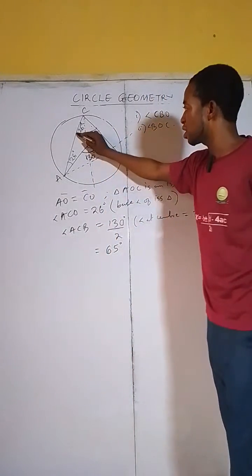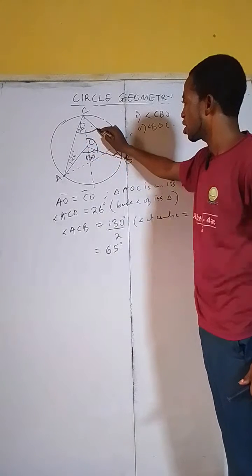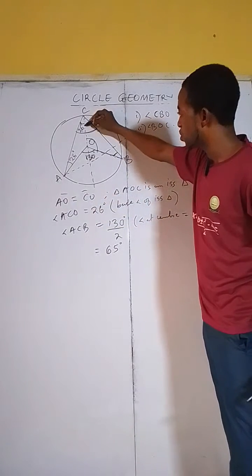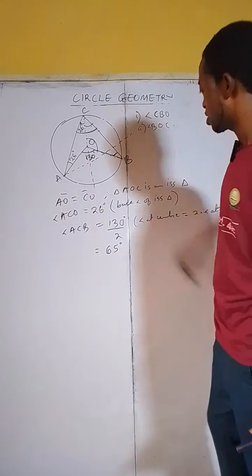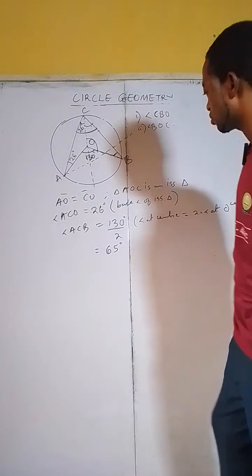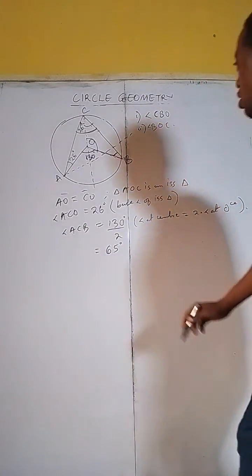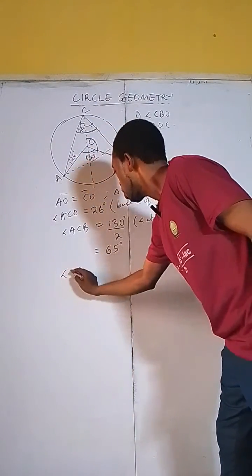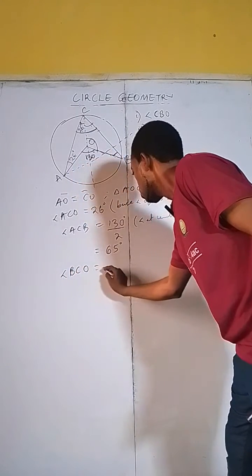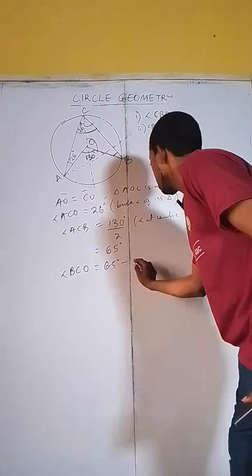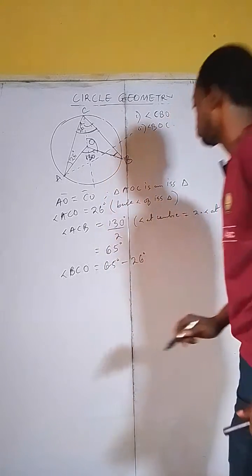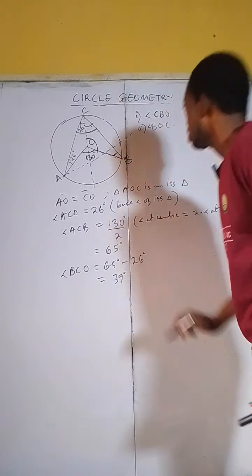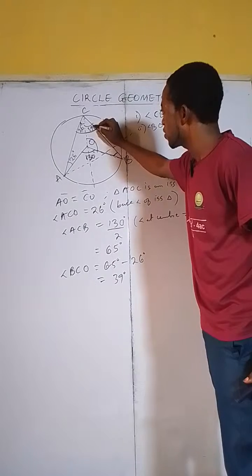So if everything here is 65 degrees and we already know 26 here, we can get the remaining one. That will simply be 65 minus 26 degrees. So angle BCO is equal to 65 degrees minus 26 degrees, and that equals 39 degrees. So this angle here is 39.